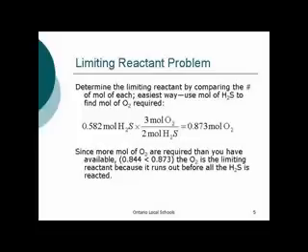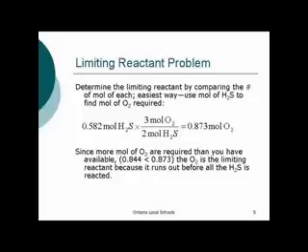It is pretty simple. And so what I will do is take the starting amount of H2S and multiply it by the mole ratio of O2 to H2S to see how many moles of O2 I need in order to have this reaction completely react the H2S.